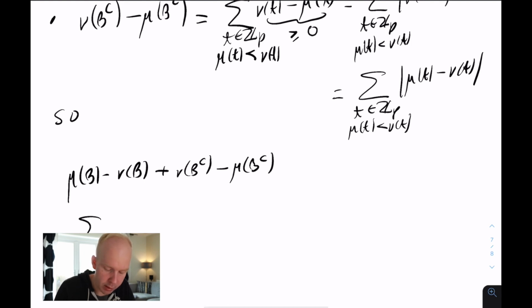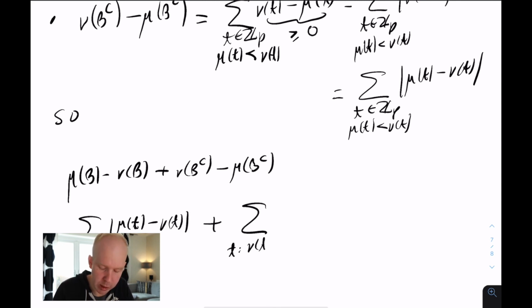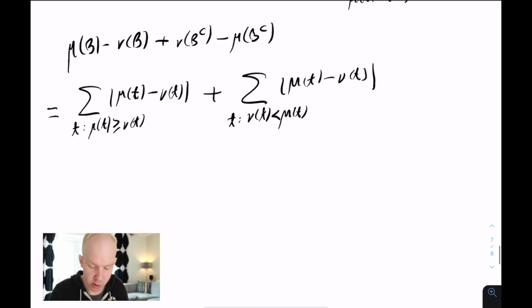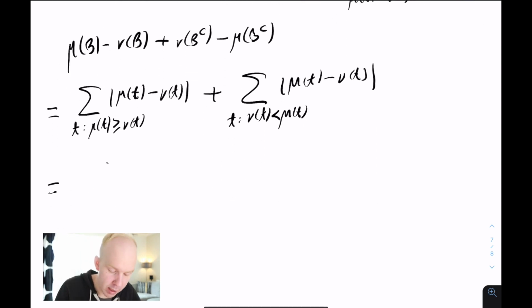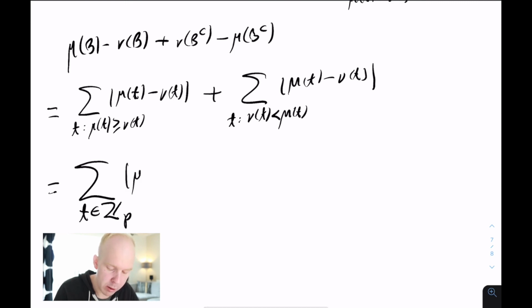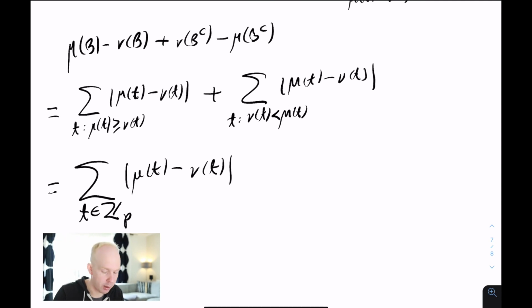So you get a sum over t such that μ(t) is at least ν(t) of the absolute value, the same quantity, and then the sum over t such that ν(t) is strictly less than μ(t) of the same thing. By combining these both together, we get the whole Z_p sum of |μ(t) minus ν(t)|, which was the thing that we were looking for.